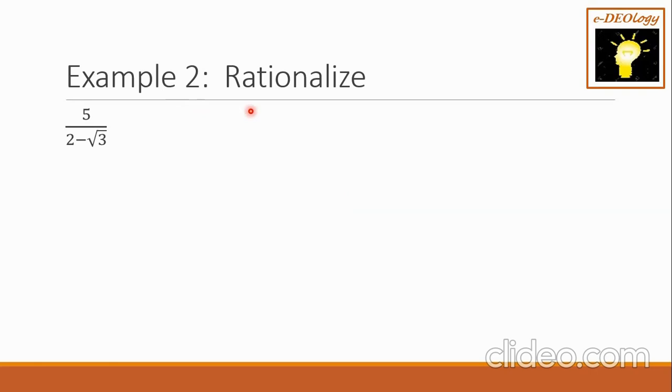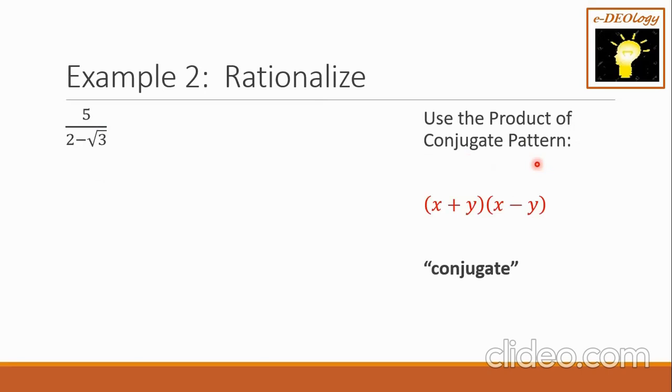Let's have example 2. Rationalize the fraction 5 over the binomial 2 minus the square root of 3. For this binomial, our aim is to remove the radical in the denominator. We're going to use the product of conjugates pattern. What does it mean? When we have x plus y multiplied by x minus y, these two binomials are conjugates of one another.